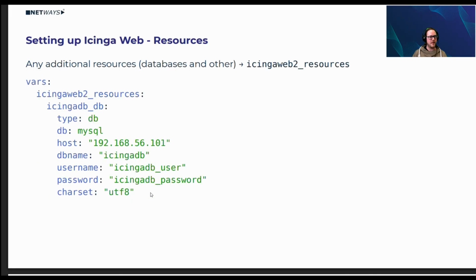If you want to add other resources, for example for the Director or for Icinga DB, we have another variable, Icinga Web 2 resources. You just basically put your resource in here, and this is where some magic happens.